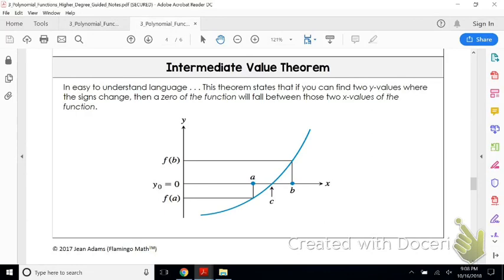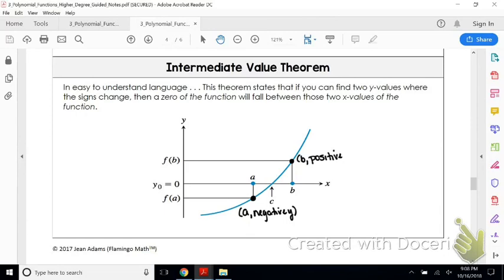So you can see here, we have x that's a and x that's b. At a, we have an ordered pair on our blue line of a comma some negative y. Then we have point B, and up there on the blue line, we have the point B comma some positive y.